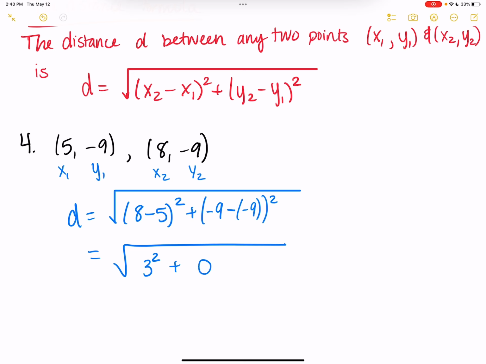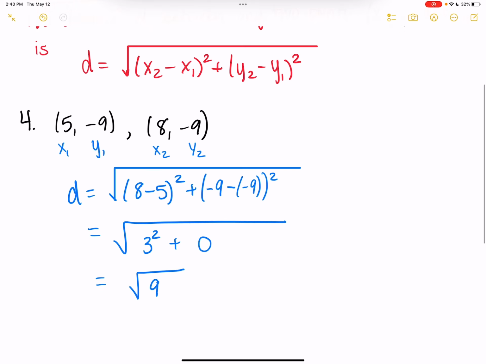So 3 squared is 9, so the square root of 9 is 3. That doesn't look too horrendous.